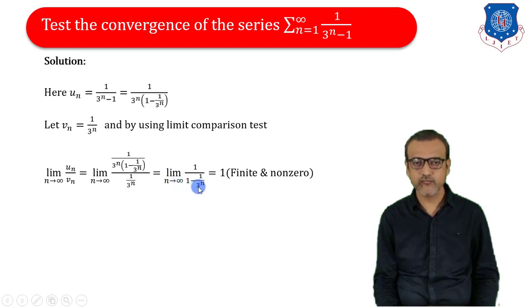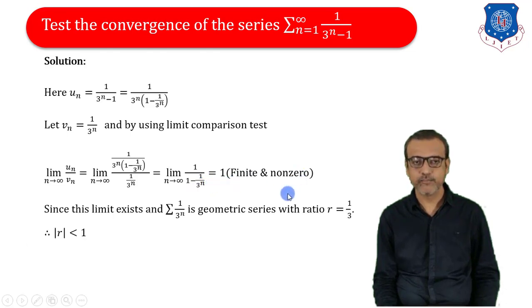Now as n tends to infinity, 3 raised to infinity tends to infinity and 1 upon infinity is 0. So 1 minus 0 is 1 and 1 upon 1 is 1, which is a finite and non-zero value. Since this limit exists and sigma 1 upon 3 raised to n is a geometric series with ratio r equal to 1 upon 3, mod r is less than 1.